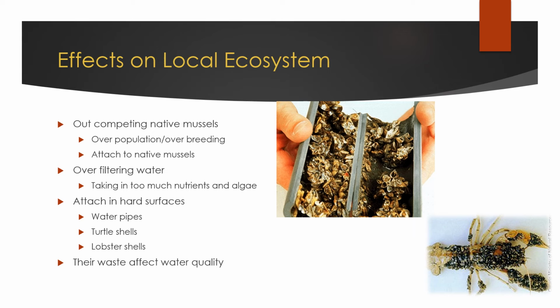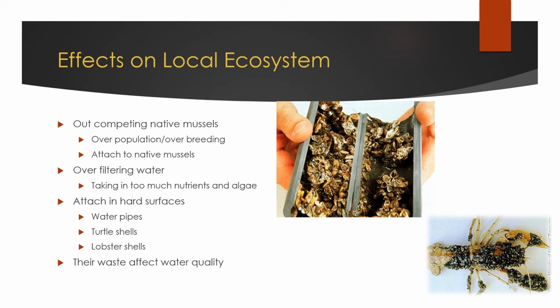So these tiny zebra mussels are making it such a big deal for the local ecosystem that they're invading. Being so small, they can be found in a lot of places. First and foremost, they're found in your water area. They are going to outcompete the native mussels. These zebra mussels can reproduce very quickly and in very large numbers.